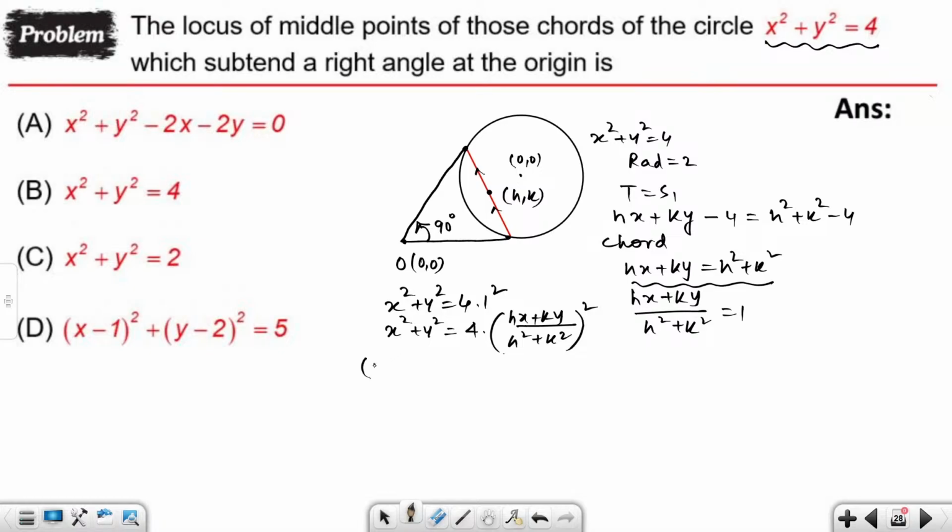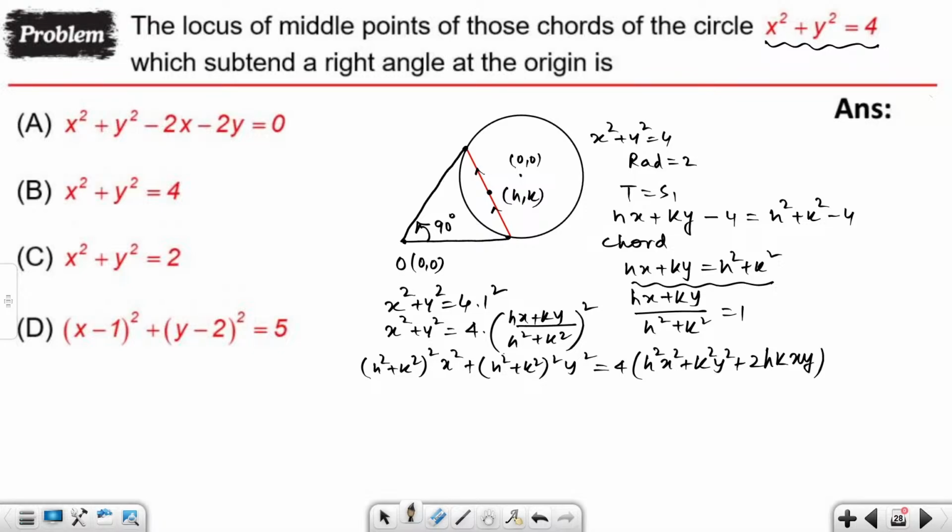Let me just cross multiply. (h square plus k square) whole square times (x square plus y square) equals 4 times (h square x square plus k square y square plus 2hkxy). Am I correct?